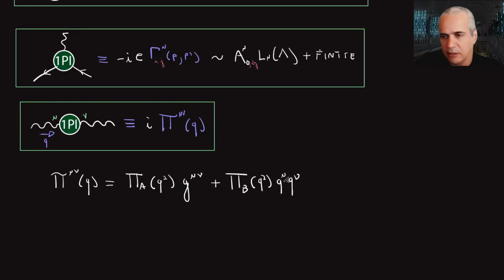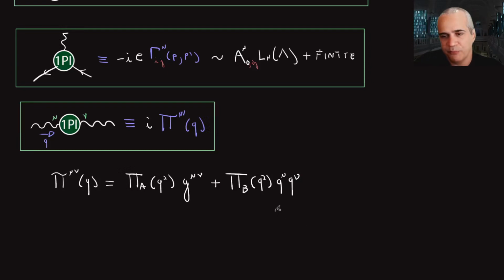This is the most general thing I can write since I need a Lorentz tensor of rank 2, and that's the only Lorentz vector I have at my disposition here. So I have a scalar coefficient times g mu nu plus another scalar, in the sense of Lorentz scalar, coefficient times q mu q nu.